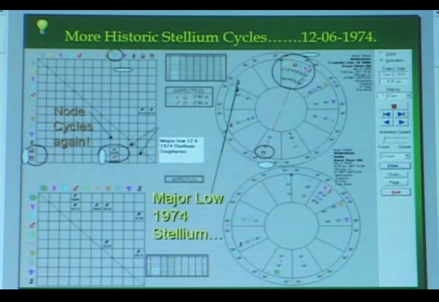So our higher consciousness is ruled by helio. We'll talk about this more as we go forward. So here on 12/6/74, we see a powerful stellium opposing a powerful S&P ruler, Neptune.